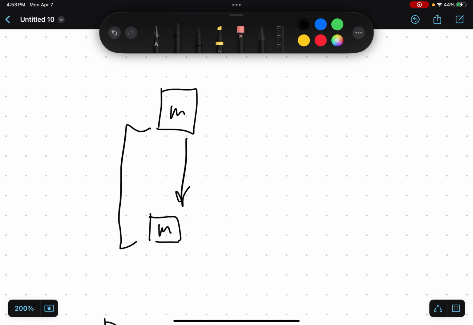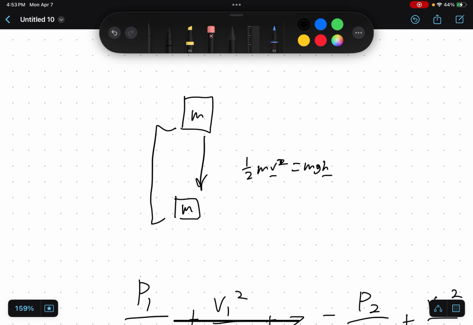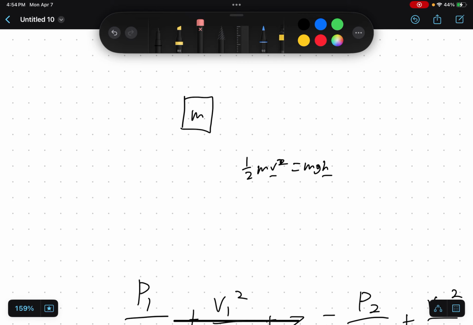If you drop it, it'll be 1/2 mv squared equals mgh. And that's conservation of energy. All of the height energy goes into velocity. So Bernoulli is literally this exact same concept, but for fluids. So let's go over a couple examples.